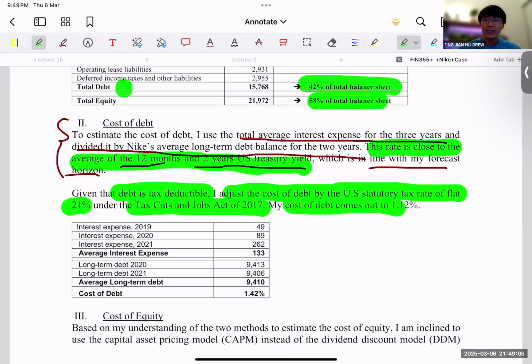Prior to this 2017 Tax Cuts and Jobs Act, the US had a graduated tax, a major tax reform where it was a graduated tax of 35 to 21. In 2017, they did a flat 21%, which is very similar to Singapore, which has a flat 17%.